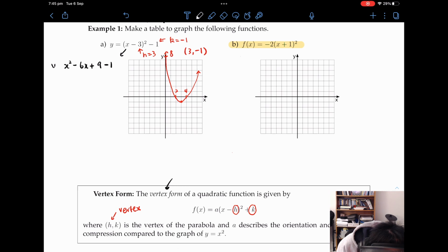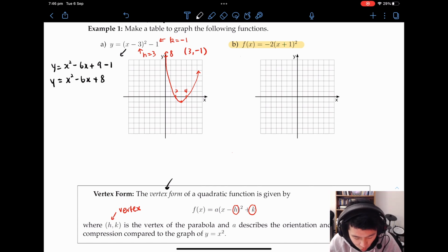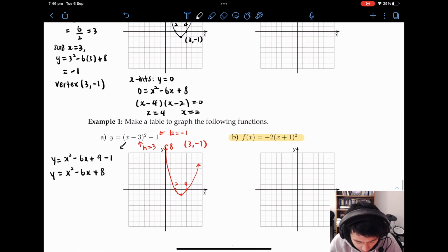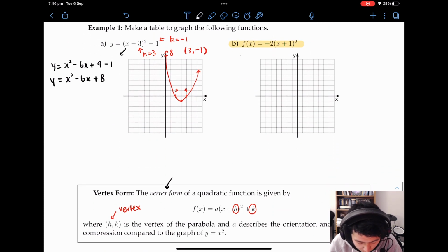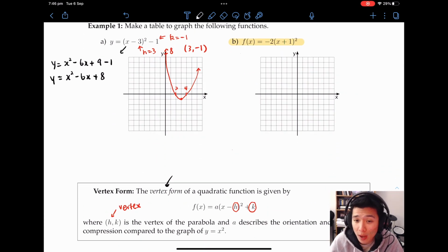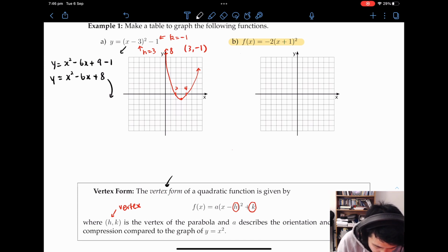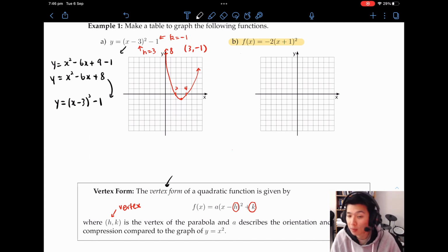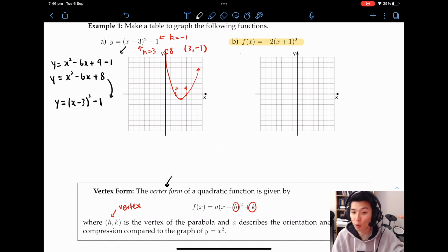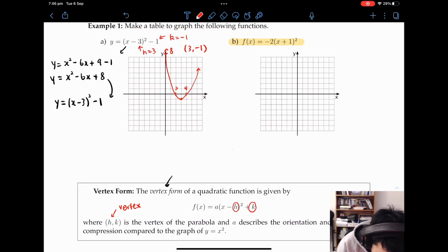And that gives us x squared minus 6x plus 8, which is exactly the same parabola that we drew in our first example. But it's been what we call, we've completed the square. And so that's how we go from the general form of the parabola to the vertex form of the parabola. The method from going from the normal form to the vertex form is completing the square.